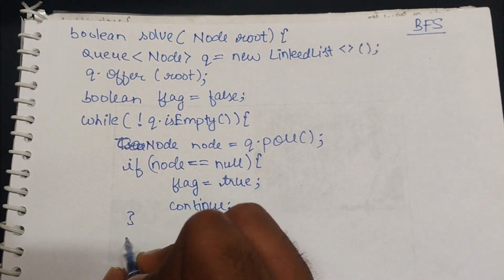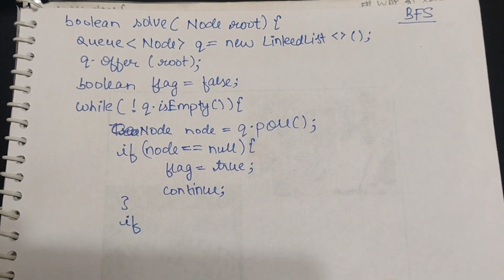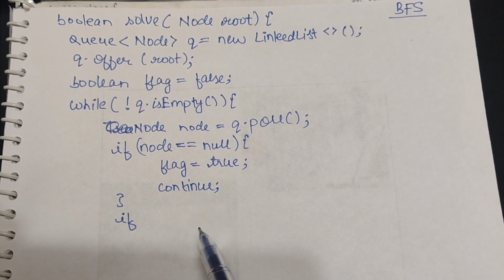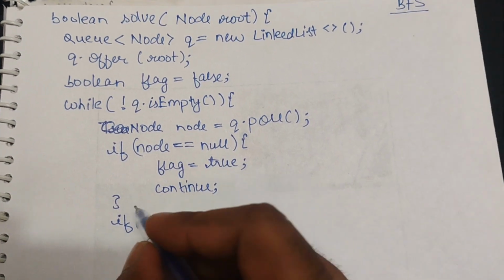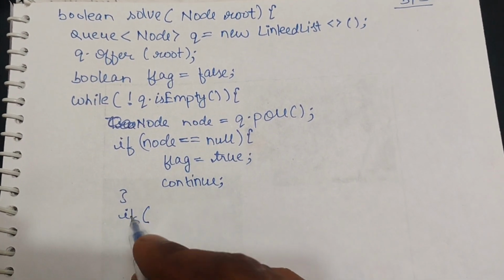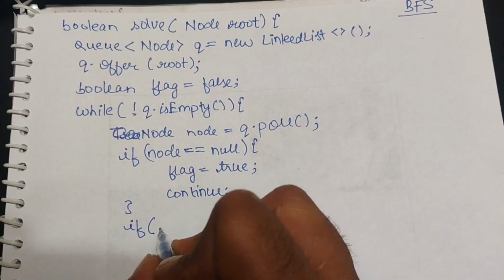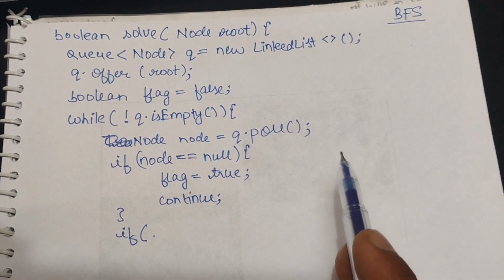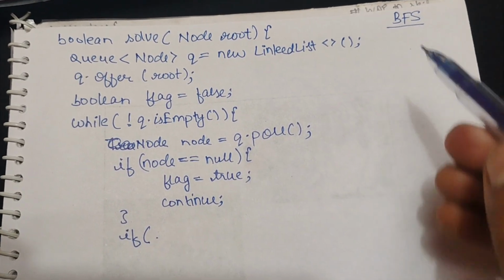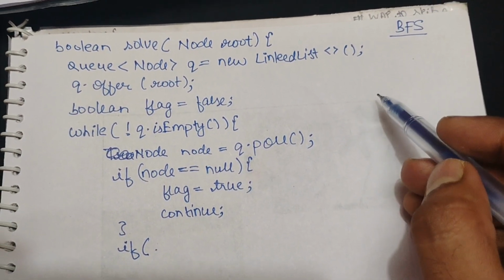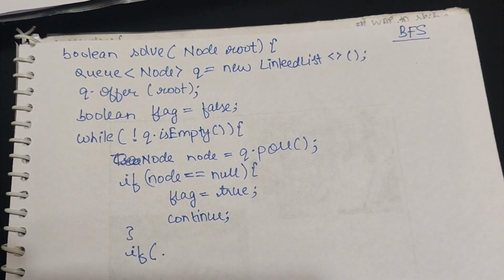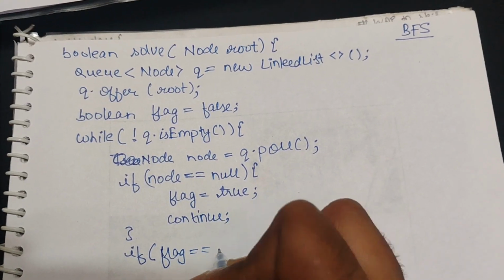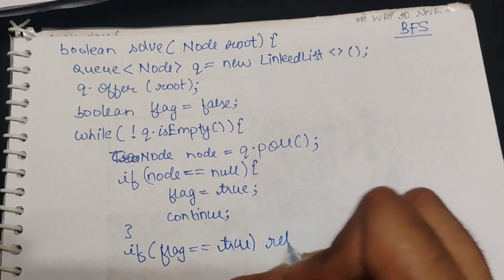And now I'll again check one condition. What condition? For example, if it is a null, it will not proceed further. But what if it is not null? Then the code will come to this condition. And as I said, all the nulls should not be coming before a not null. So if a null node is present before a not null node, I'll check it over here, that if flag is equal to true, then return false.